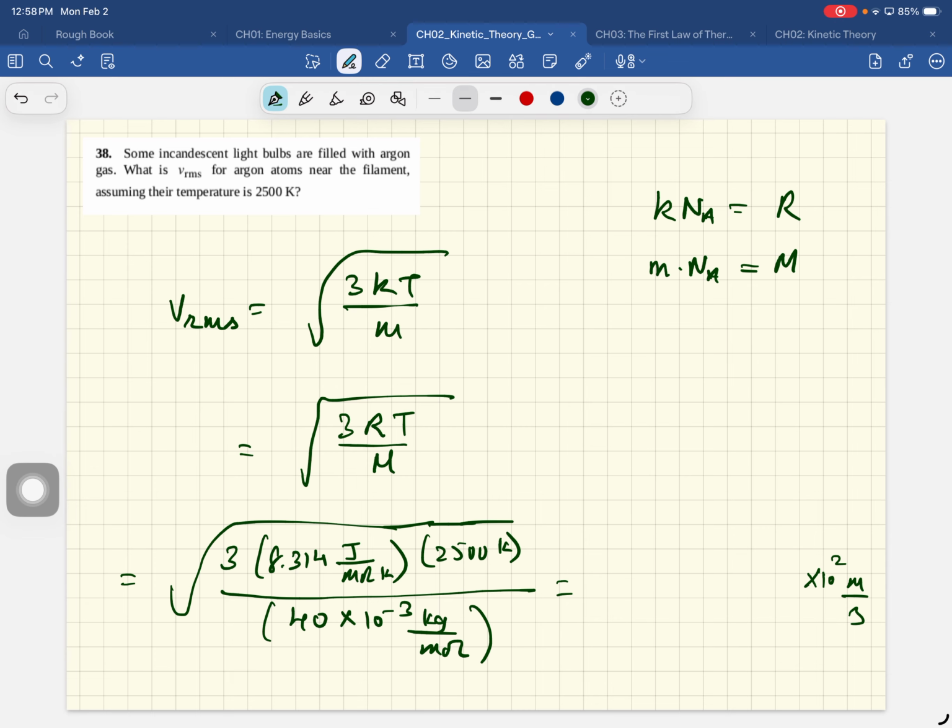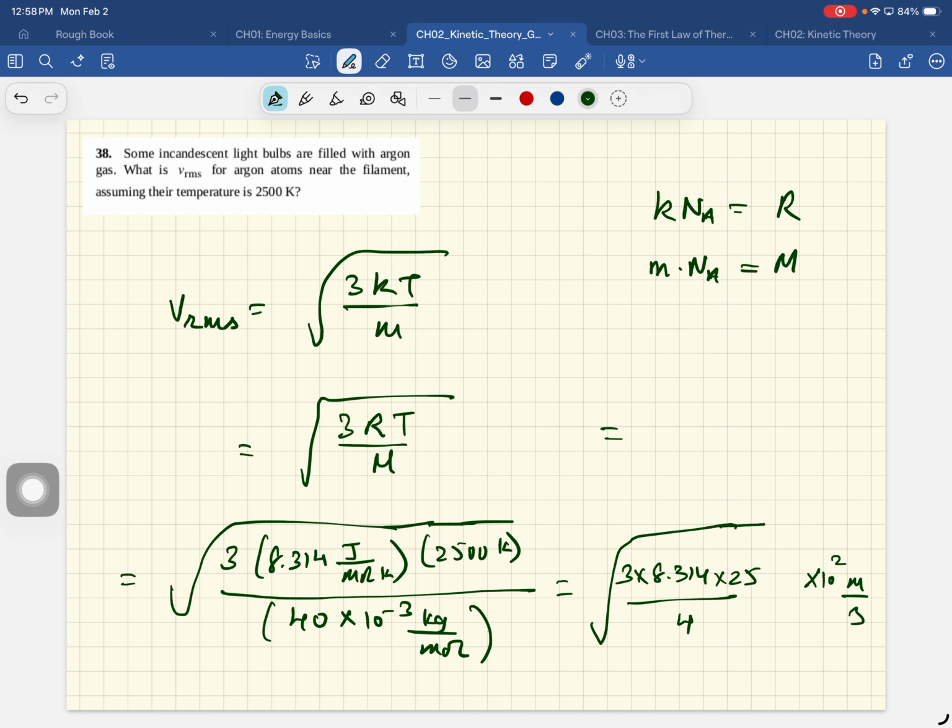Does this make sense? Okay, do you guys know what is the average speed of the molecules in this room? You remember? It's about 500 meters per second. And the average molecule is nitrogen, which is 28 atomic units heavy. This is 40 atomic units heavy.